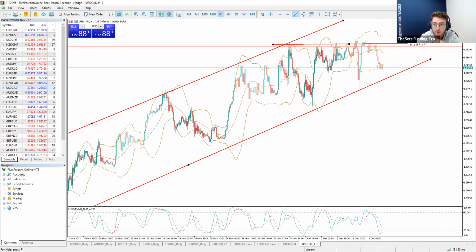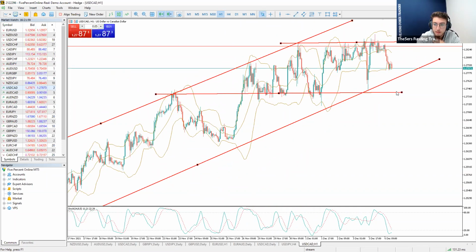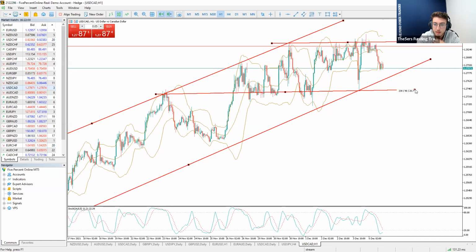Okay, you see on the H1, the market created a big resistance here, and there was also this zone. It will be even easier to show you the zone.